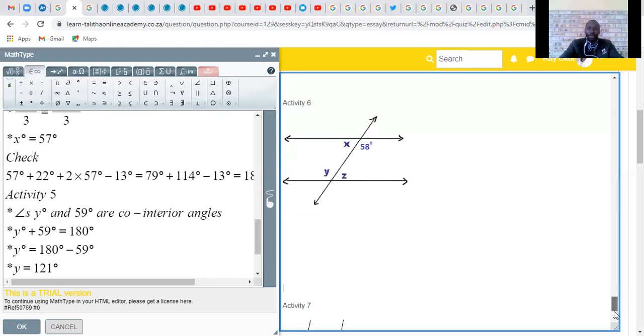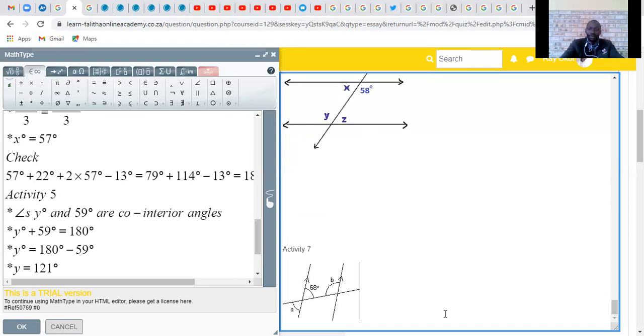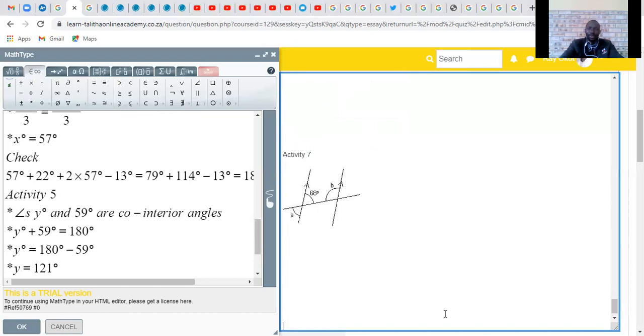Then for the next activity, which is activity 7, we are supposed to find the value of angle A and angle B. Notice that angle B and 68 degrees, these two angles are same side interior angles, and so they add up to 180.